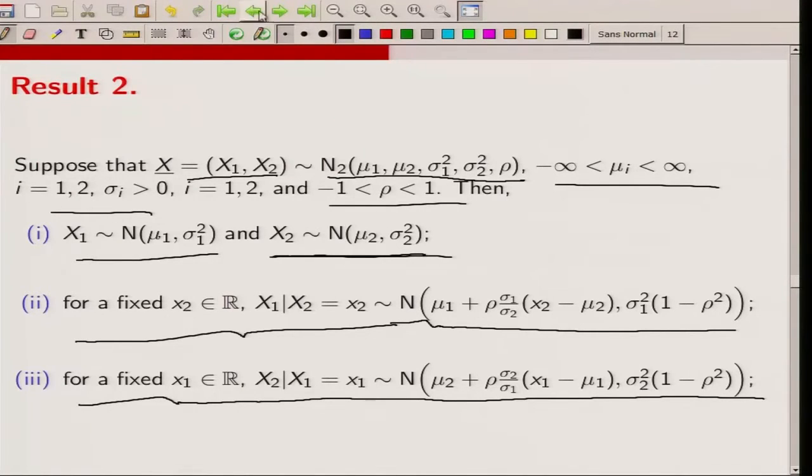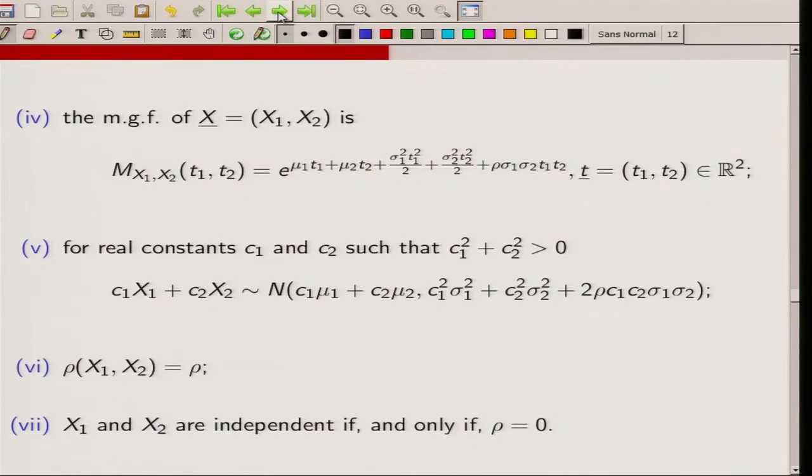So, let us try to see that the MGF of X equal to (X1, X2) is given by this quantity.